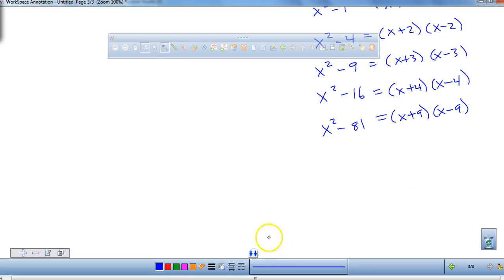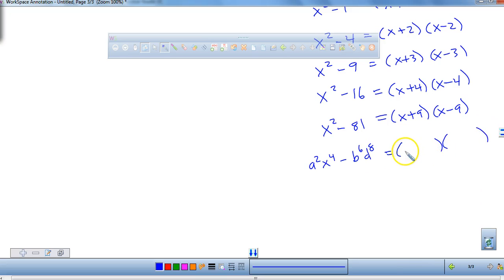Okay? So what if I said, what is a squared x to the 4th minus b to the 6th d to the 8th? What would that factor to?